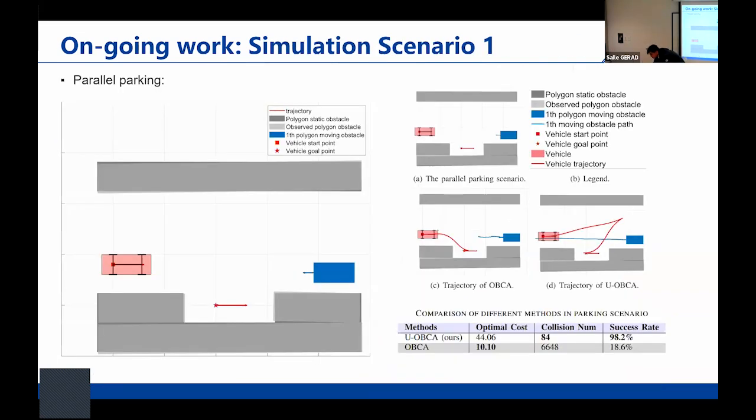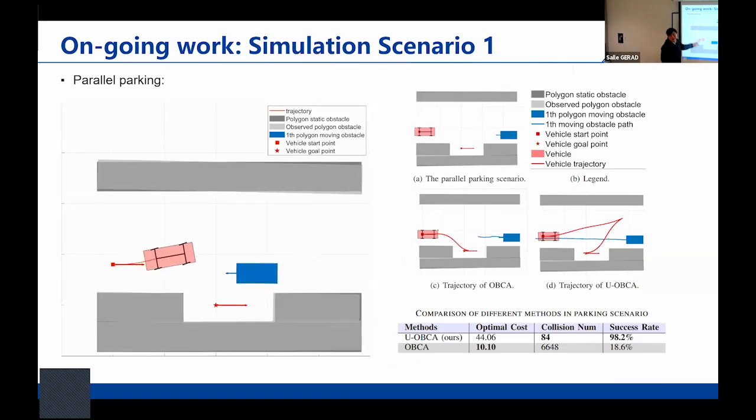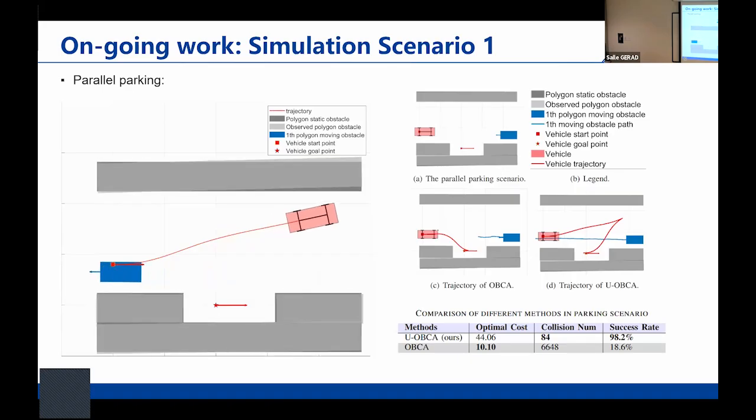Can I just play this? Okay, you can see this is shaking a bit. With this OBCA, you can see that our method is trying to drive defensively. You can just directly park inside, but that is a little bit too dangerous.